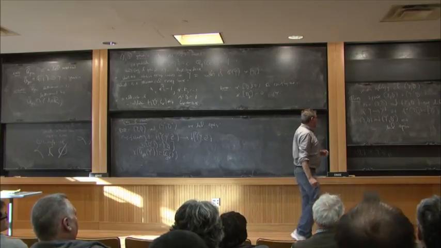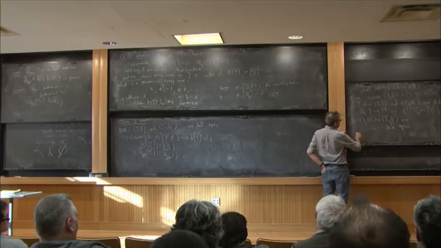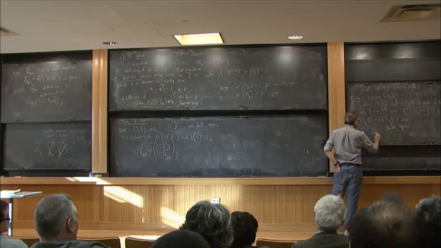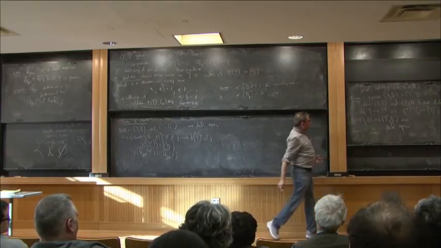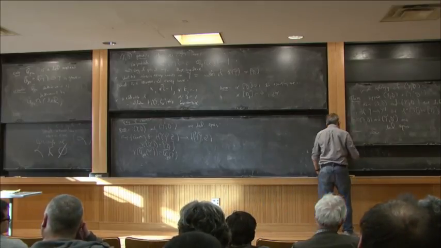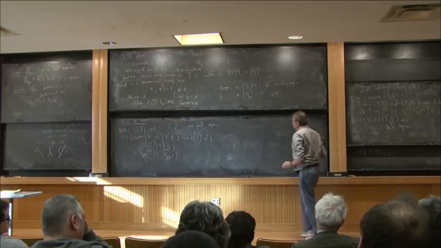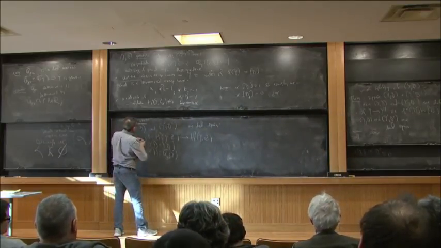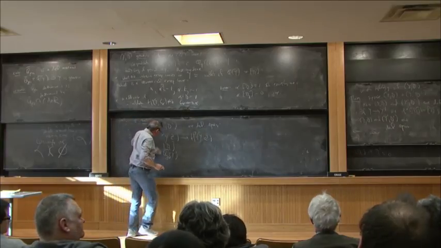Okay? And the idea of the proof is, well, this direction is fairly clear. If you have a deformation equivalence, you just use it to produce the diffeomorphism. And this one, well, it uses the proposition that I'm about to erase.